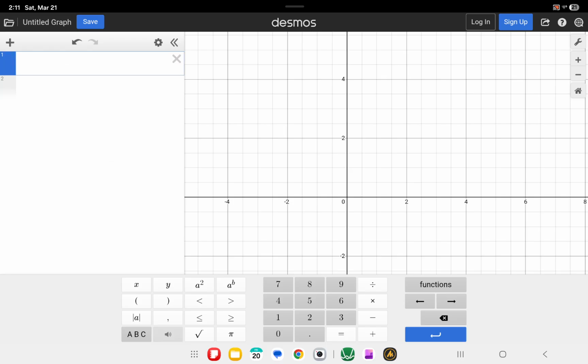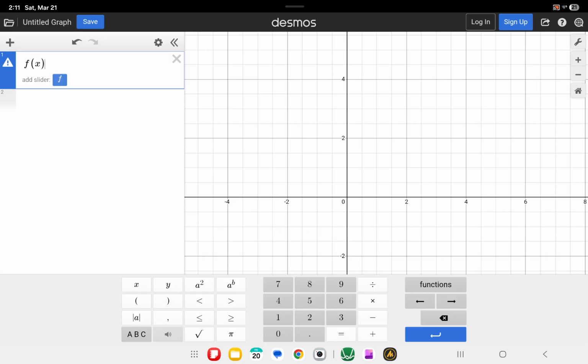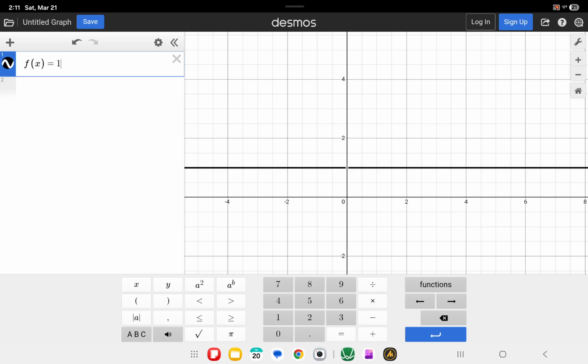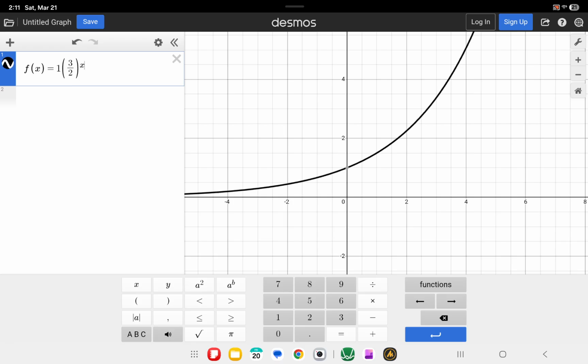The other reason that I said it's got to be between 0 and 1: if I put in this as an example, f of x equals 1, that's my initial value, parentheses, 3 divided by 2, close parentheses, raised to the x power, because I had somebody say one time, if it is a fraction.